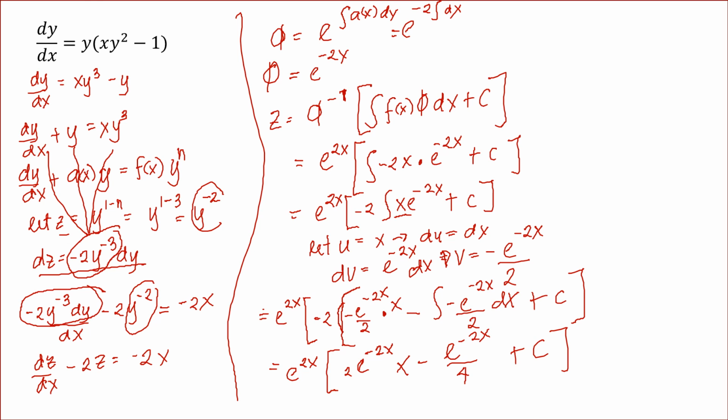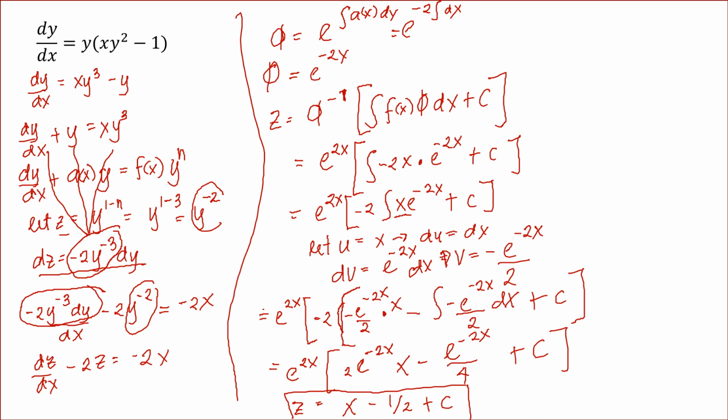Then we distribute the e^(2x). So therefore your z is equal to x minus 1/2 plus c.